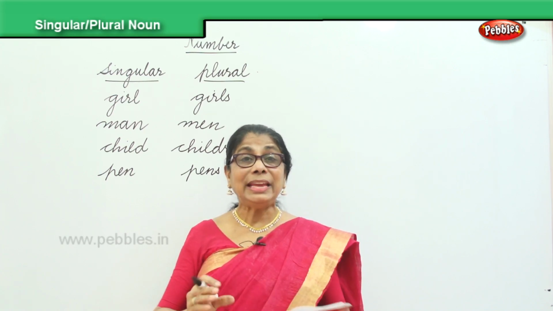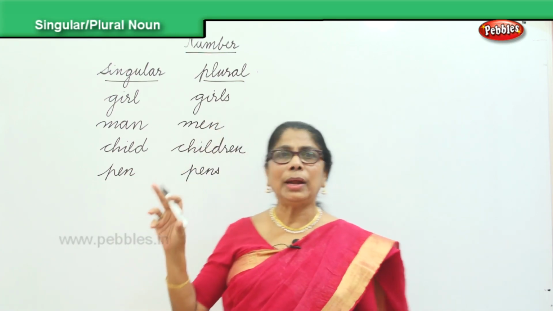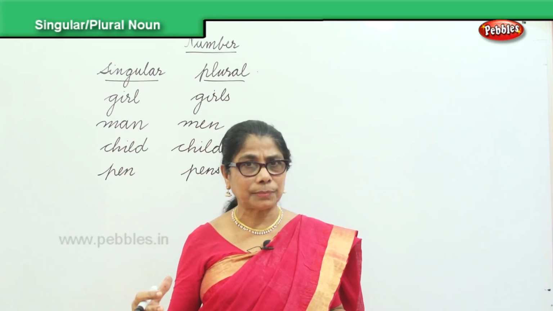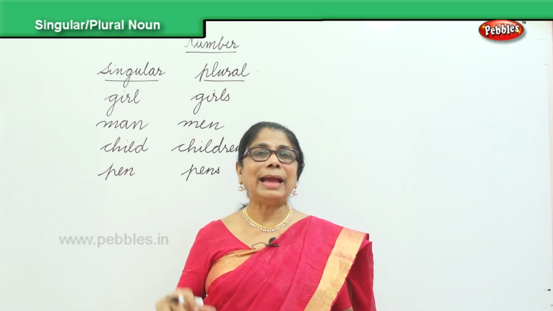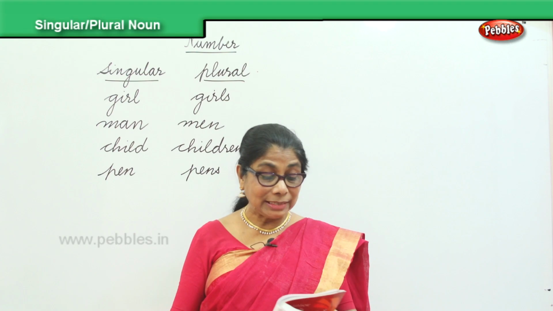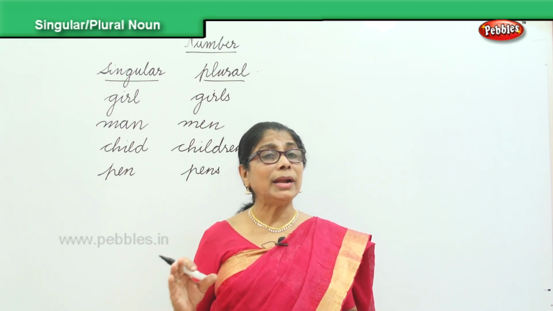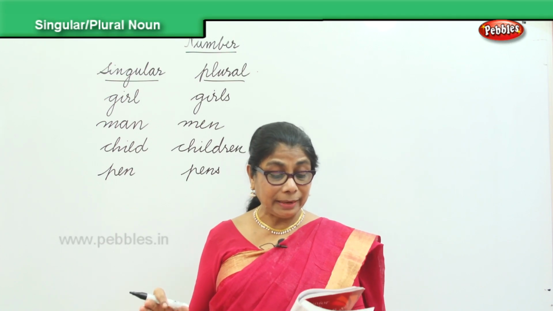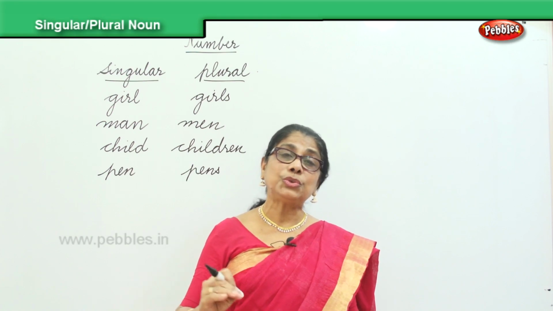Now, there are different ways you can form the plural number or plural nouns. And there are certain rules to be followed, and that's what we are going to look at very carefully. Now, for rule number 1, most nouns form their plurals by adding s to the singular.